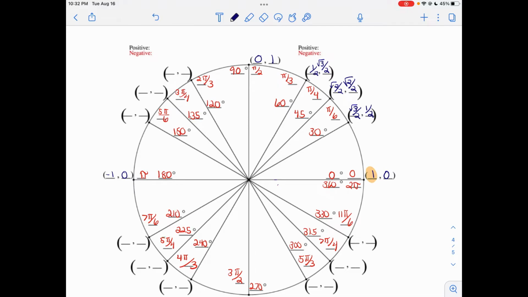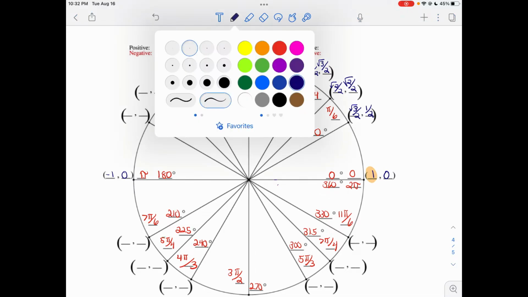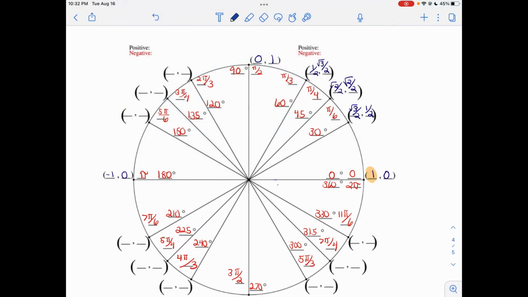Now, we're going to use our knowledge of reference angles to figure out the other quadrants' information. All right, so in quadrant 1, let's start with the angle whose reference angle is 30 degrees. So this is 30 degrees in quadrant 1.